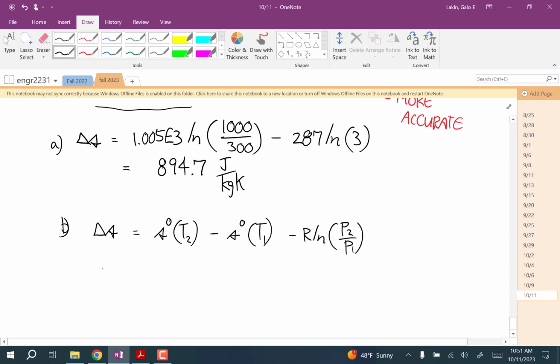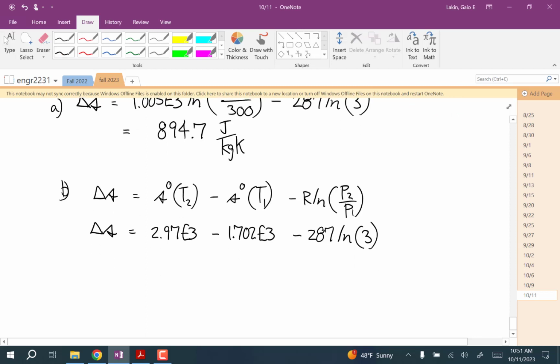If you look those values up in the ideal gas table for air, you get 2.97 times 10 to the third minus 1.702 times 10 to the third minus 287 times the natural log of 3, and you get a value of 952.7 joules per kilogram Kelvin.